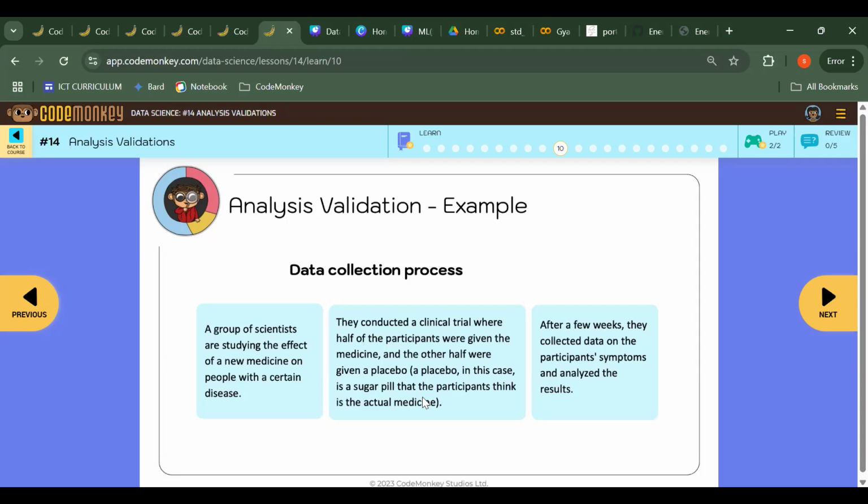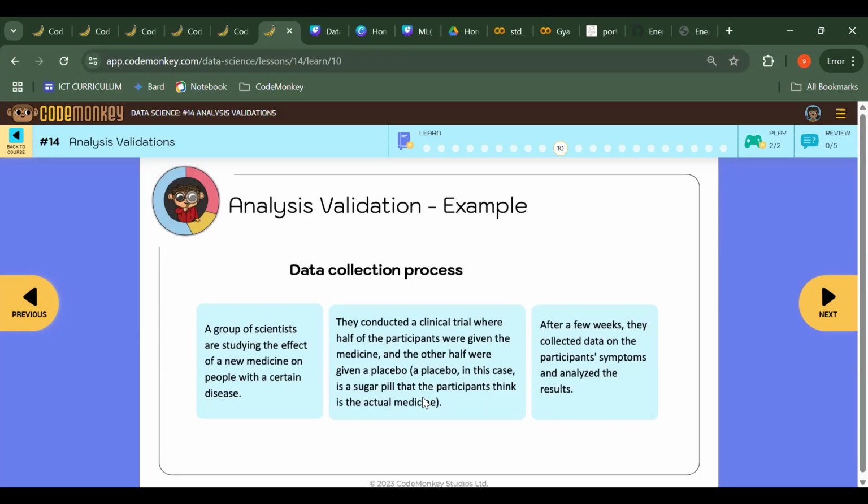They gather a group of sick people and split them into two equal groups. One group gets the medicine and the other group gets a fake medicine, called a placebo. This is super important because sometimes just thinking you are getting medicine can make you feel better.